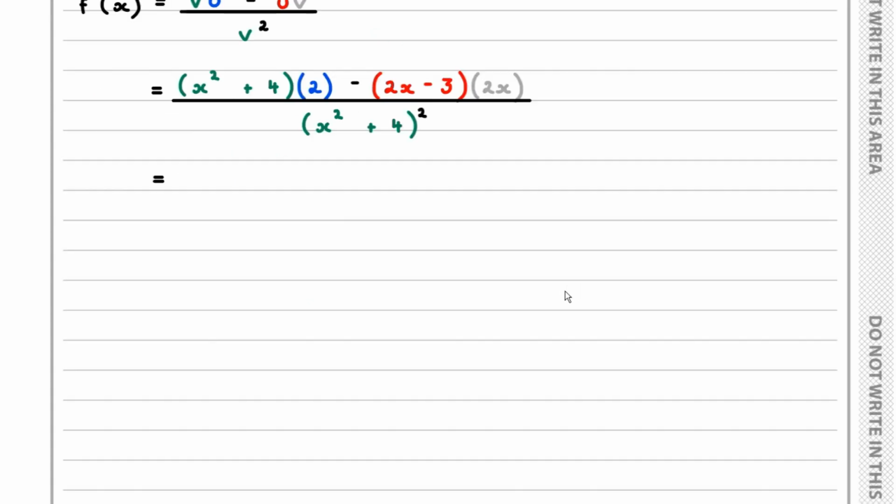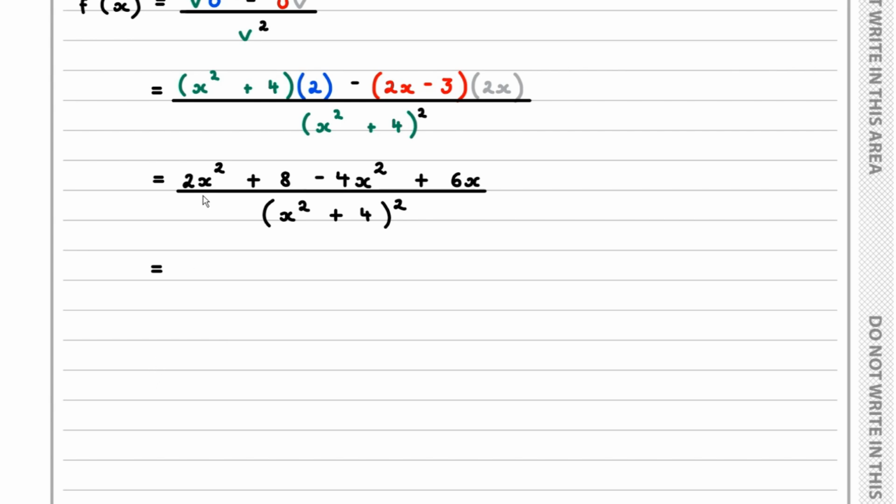So, x squared multiplied by 2, that's 2x squared. 4 times by 2, that's 8. Then we have negative 2x multiplied by 2x, that's negative 4x squared. Then we have negative 3 multiplied by 2x, that's positive 6x. And we divide this by x squared plus 4 squared.